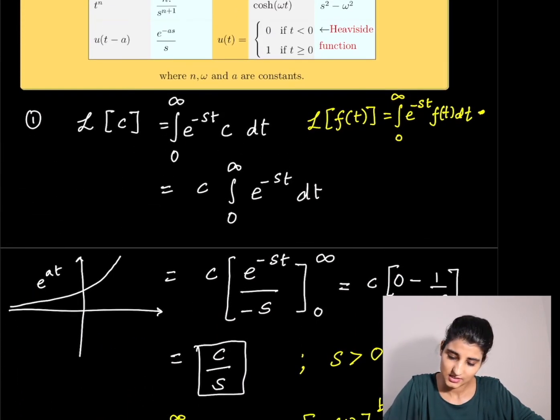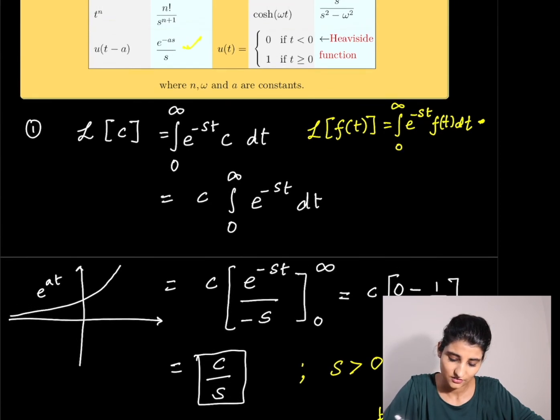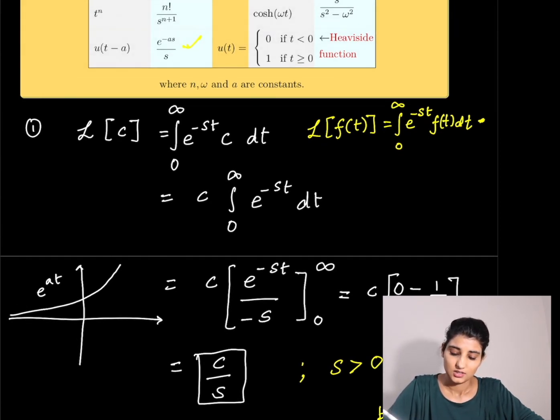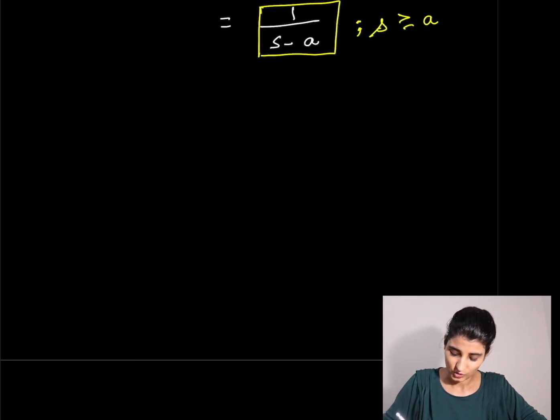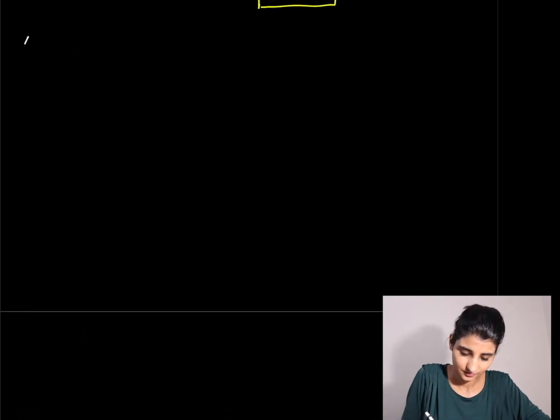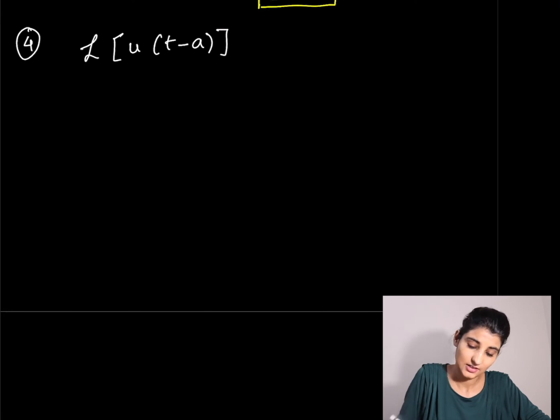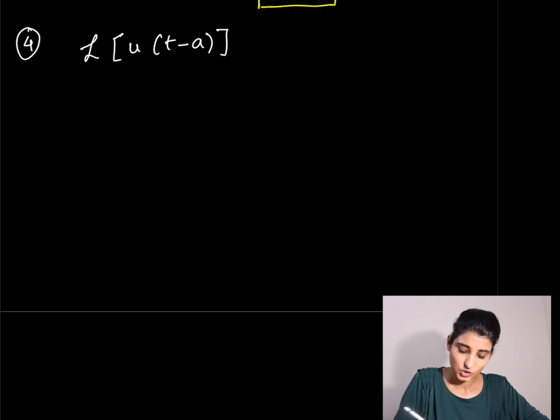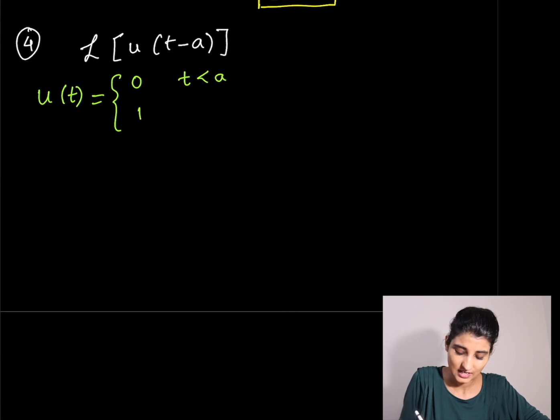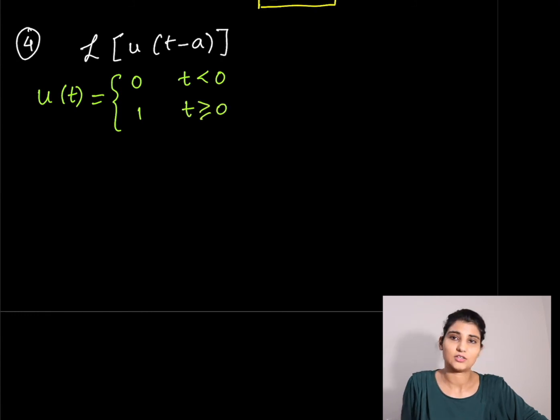Let's discuss next the Heaviside function. What is the Laplace transform of the Heaviside function u(t minus a)? Remember, the definition of the Heaviside function is u(t) is 0 if t is negative and 1 if t is greater than or equal to 0.